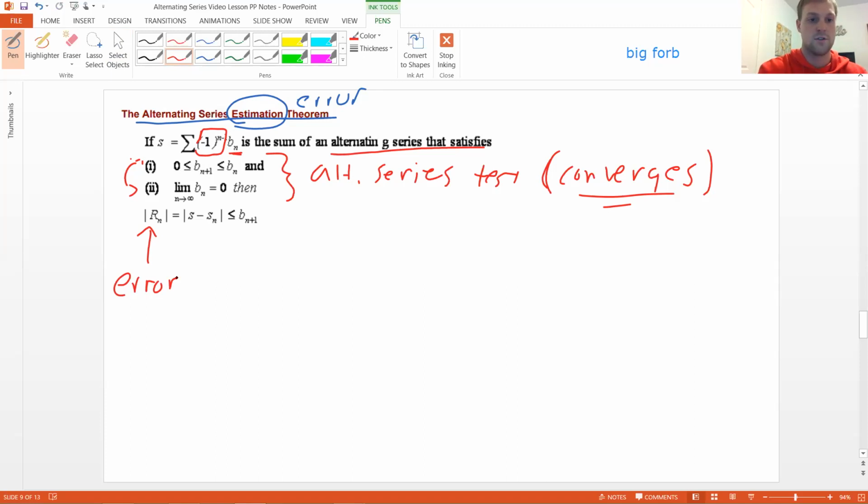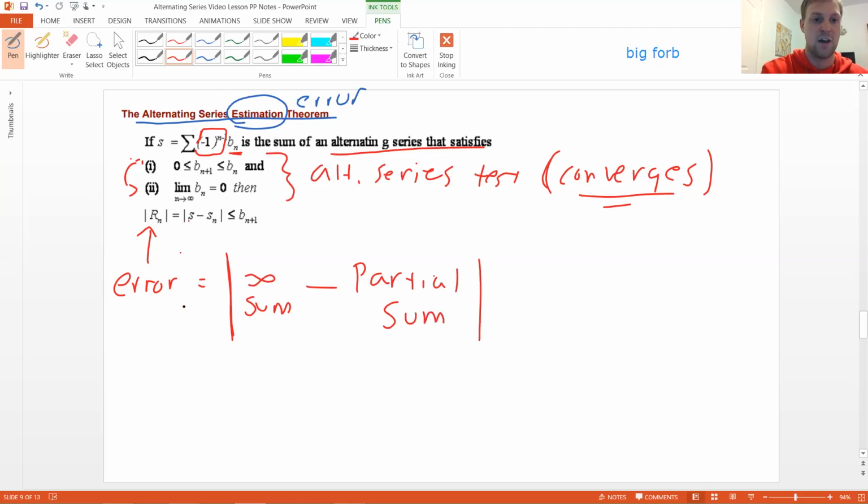So the error is equal to literally taking the infinite sum, which is what S is, and subtracting S sub n, the partial sum. And they say absolute value because it can be plus or minus. You can be off in the positive or negative direction.